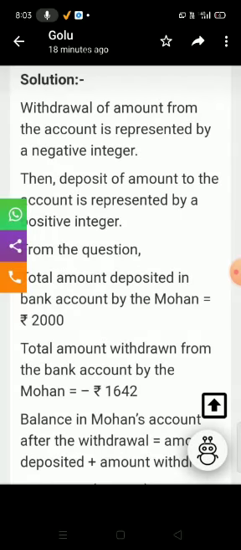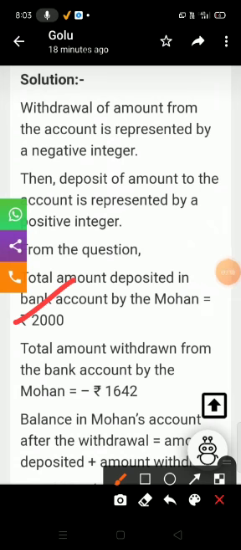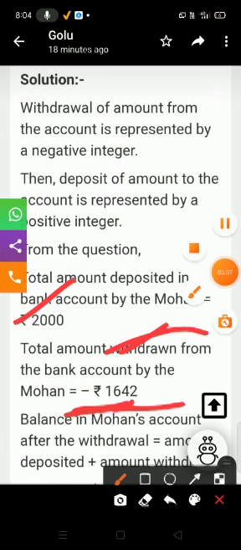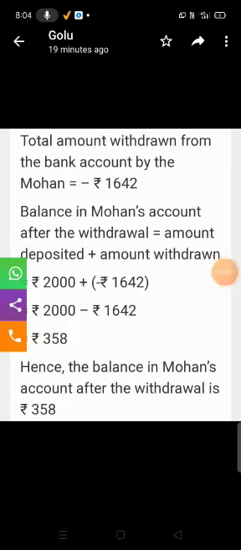From the question, the total amount deposited in the bank account by Mohan is 2000, and the total amount withdrawn from the bank account by Mohan is 1642, but since it is a withdrawal amount, we write a minus sign here. Then we have to find the total amount in his account.